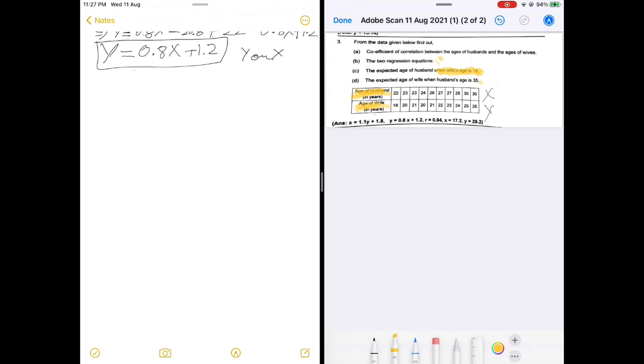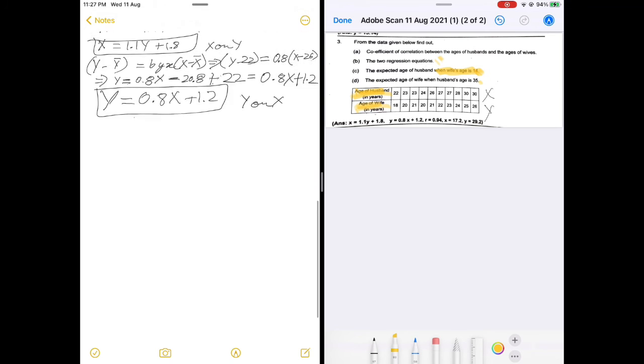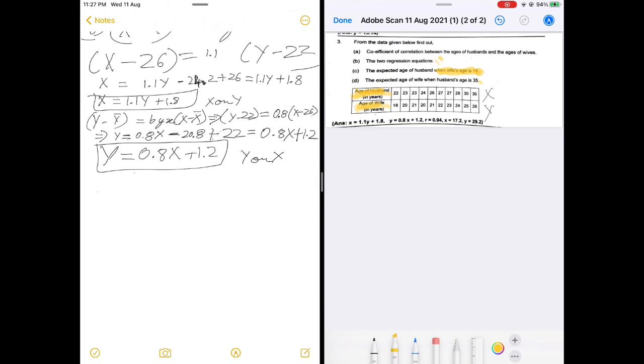Okay, so let's go ahead. Part C, we'll take the x on y equation. X is equal to 1.1y plus 1.8. When y is equal to 14, we have to solve this problem now. So we replace 14 here in the x on y equation: 1.1 into 14 plus 1.8.